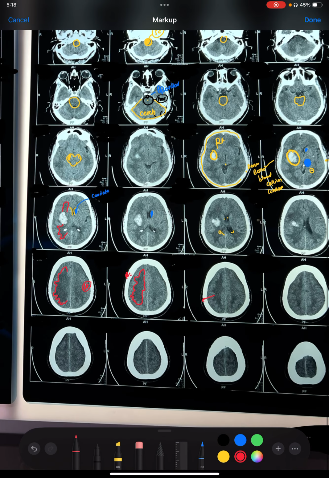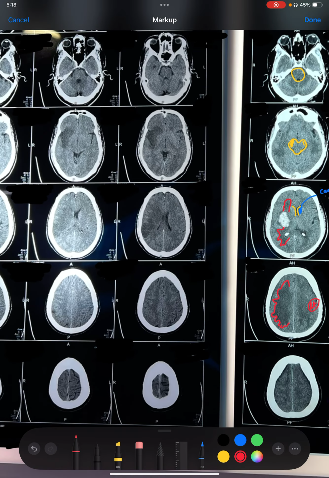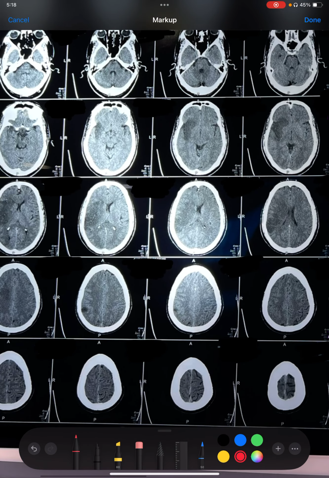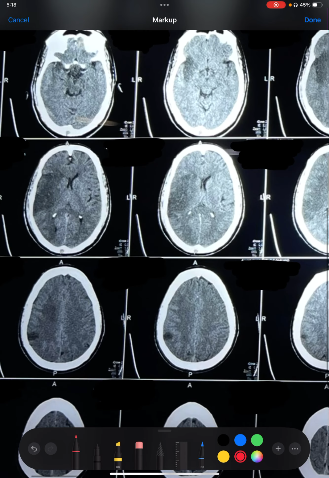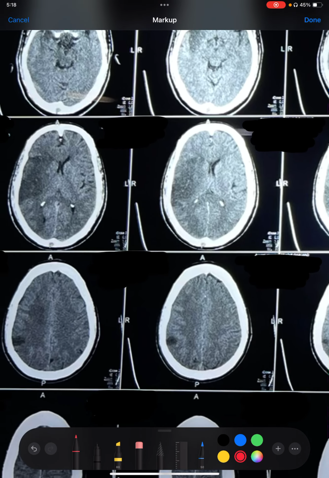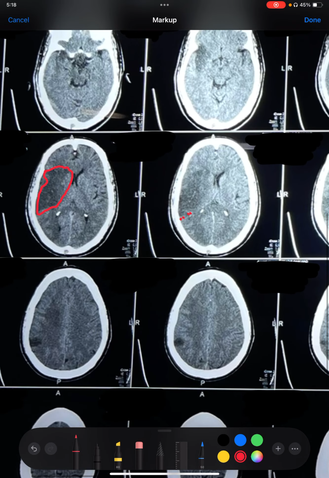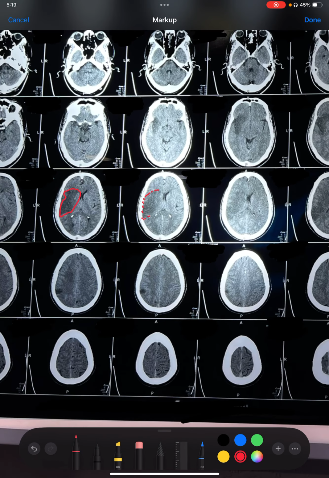So this patient has a right-sided putaminal bleed which appears hyperdense. On the other hand, this patient has a radiolucent shadow. Here there is a dense black lesion around this area, which can be very well localized. You can see it here, and here also.